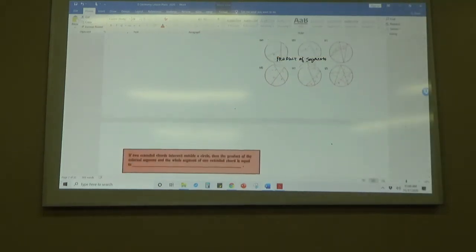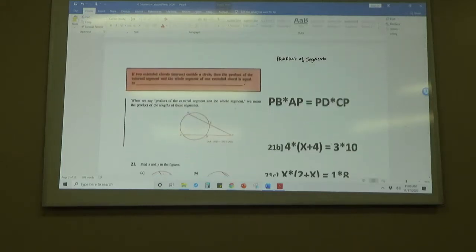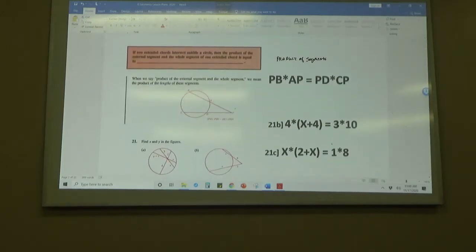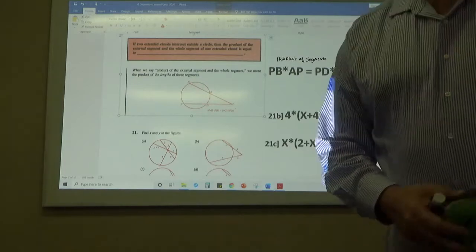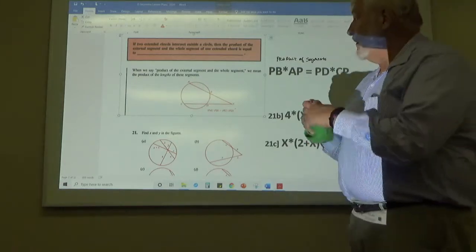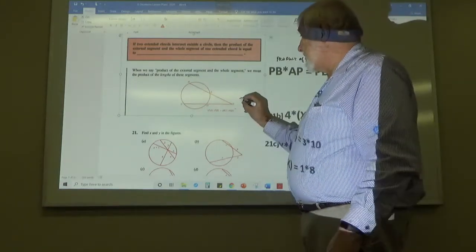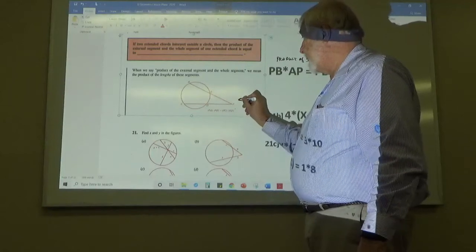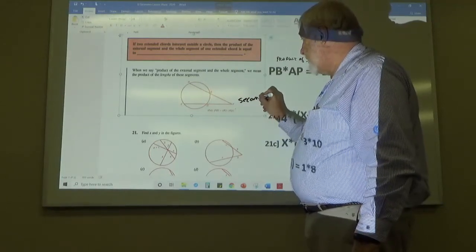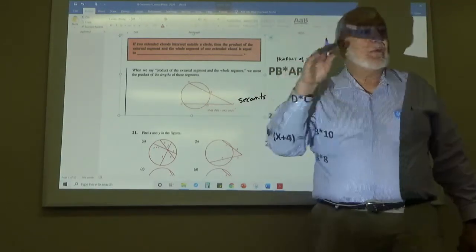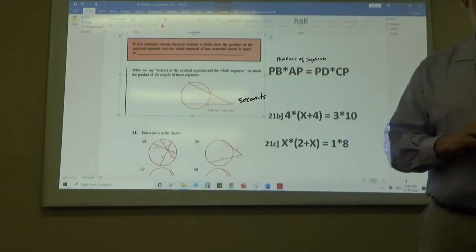Okay, so if two chords intersect outside, by definition these are called secants, and that relates back to trigonometry.